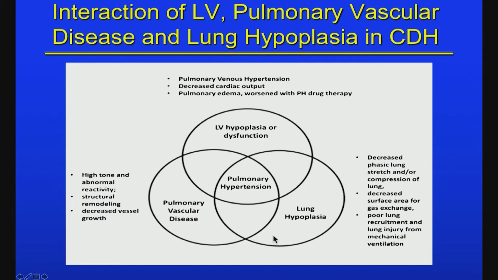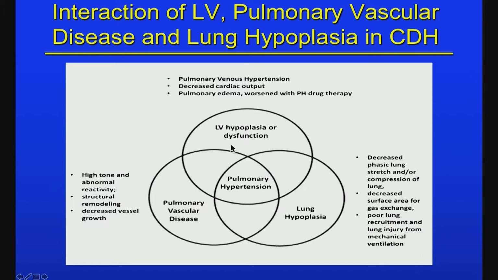That is, we typically think of lung hypoplasia being the essential component and everything else follows. Lung hypoplasia with decreased phasic lung stretch and or compression of the lung, decreased surface area, poor lung recruitment. And the pulmonary vascular component, which we've always focused on, with high tone and abnormal reactivity, structural remodeling, decreased vessel growth. There's no question that those are important parts of this pathophysiology and management.